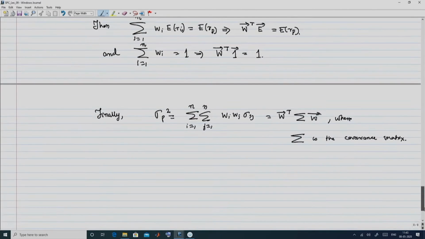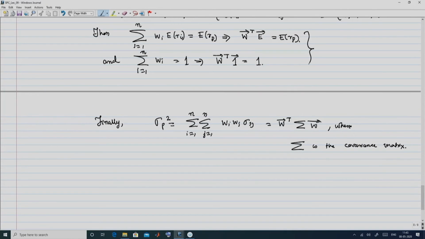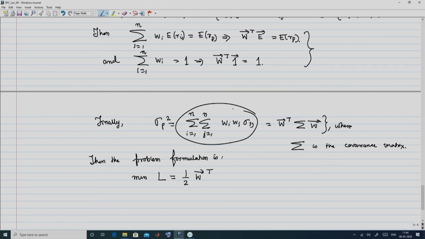So, once I have this set up, that means the vector formulation of the constraints and the objective function, then the problem formulation is that we minimize L, which is the double summation Wi Wj sigma ij.